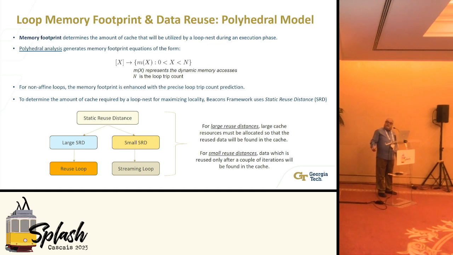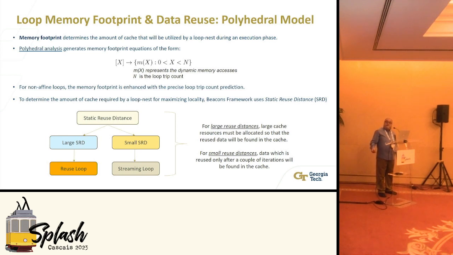Now, does that end the matter there in terms of shared cache allocation? It doesn't, because it depends what is going on inside the cache. And again, by using the trip counts, which sometimes serve as the reuse distance of a particular inner loop, one is able to find out what kind of reuse distance that is.